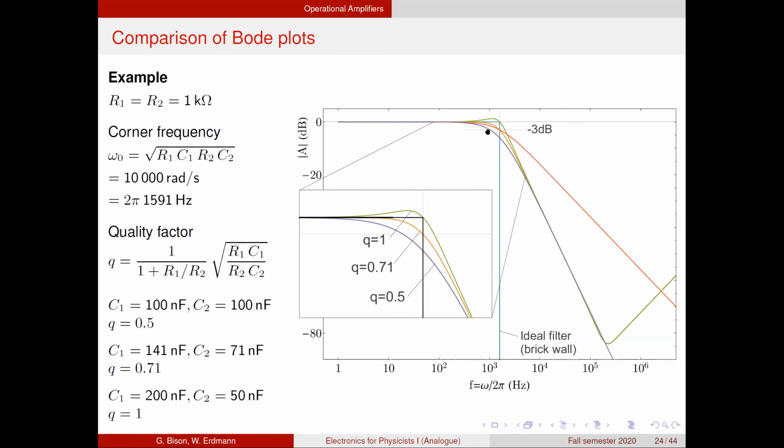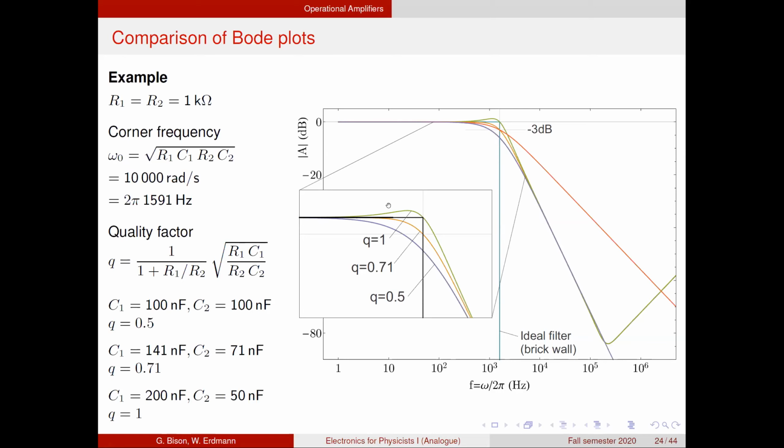And then we go down into this, and here we see this is the slope of the filter. Now this is not the best we can do. So the ideal filter is shown here as the black curve. It's the so-called brick wall filter that just stays at amplification 1 until the corner frequency and then drops to amplification 0. This is the ideal low-pass behavior.